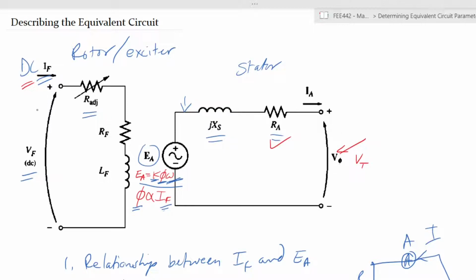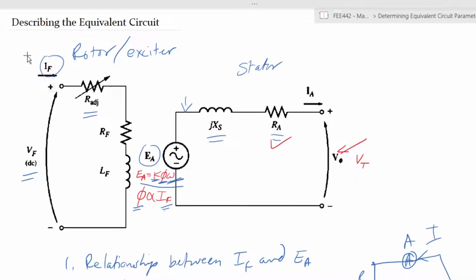On the exciter side, you would start with a 0 IF, and then gradually increase it and see the interaction, and you measure the value of VT, or the terminal voltage, across the terminals themselves.